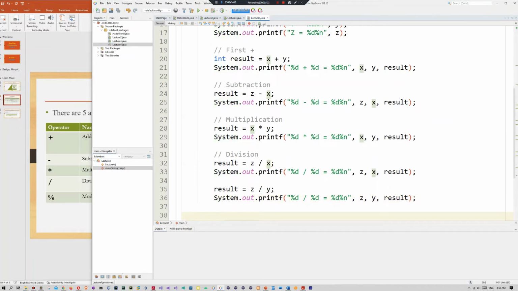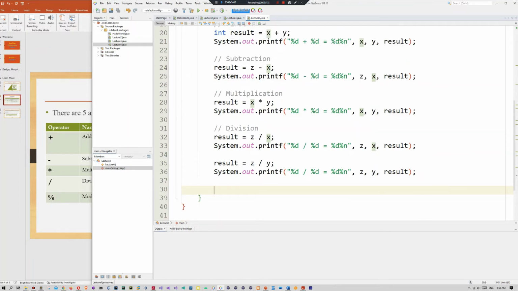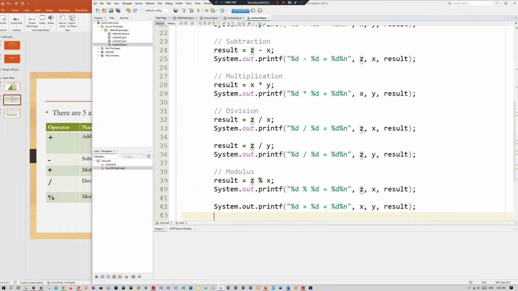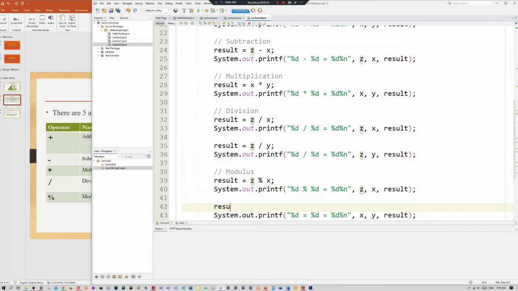Okay, let's first run these. Let's add modulus. Result is equal to z percent x. And a second example, result is equal to z percent sign, the modulus sign, y. Print z, y, and result.